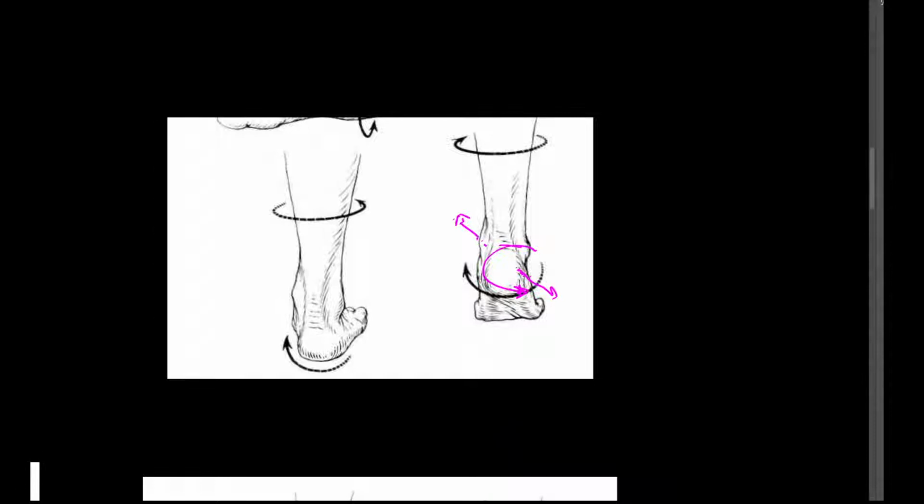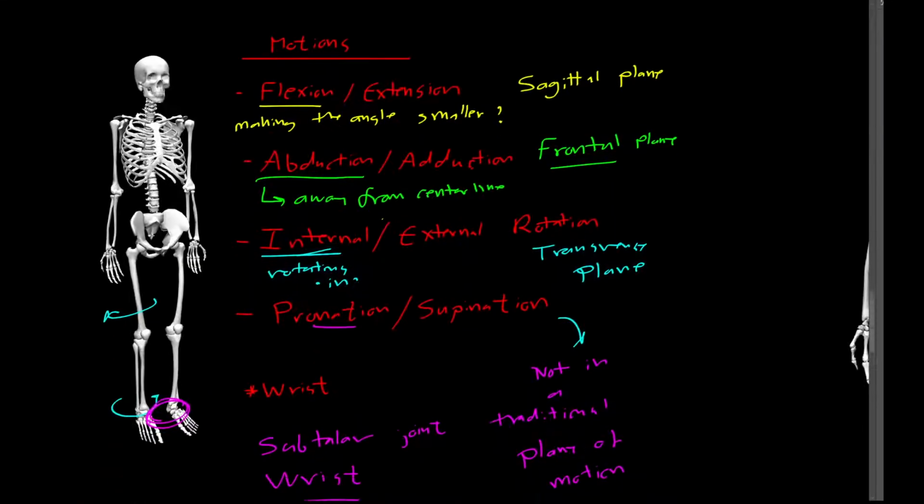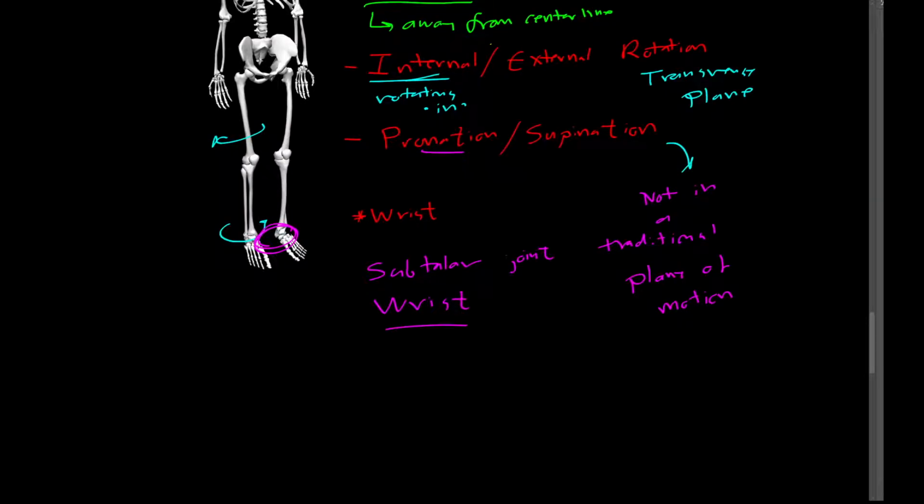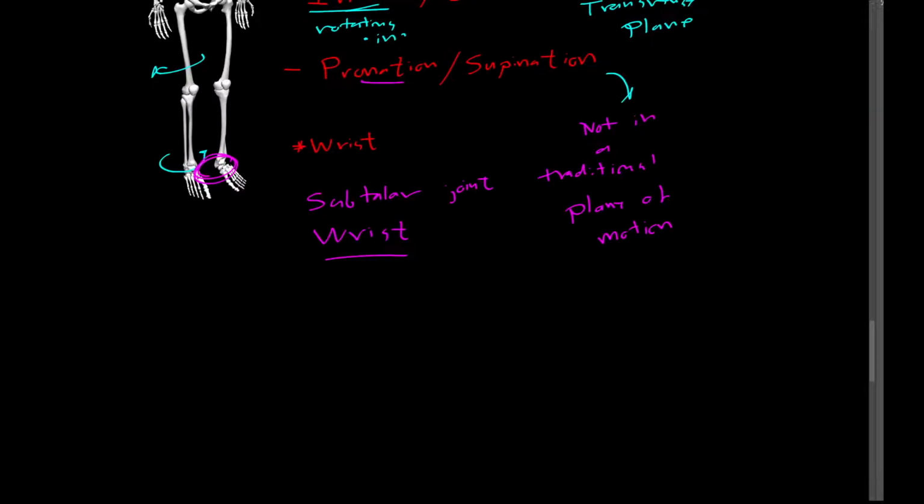So let's pronate and supinate. One of the funny things is that at the subtalar joint, people use interchangeably pronation, supination, and another set of terms, inversion and eversion. Let me make sure I get them correctly.